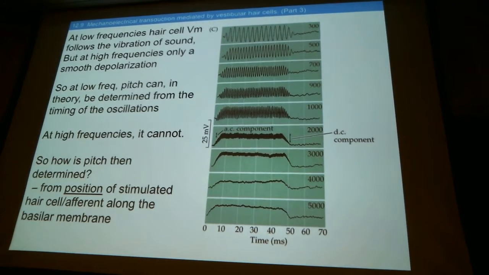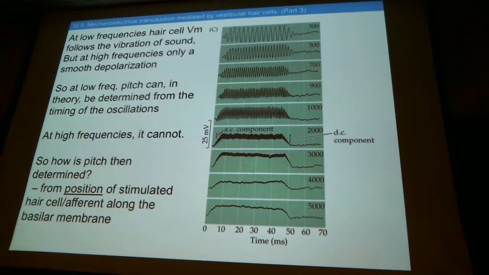So you actually have two systems of encoding frequency. One is you have the frequency explicitly in the oscillations of the membrane potential. And the other is you have which of these hair cells are active.